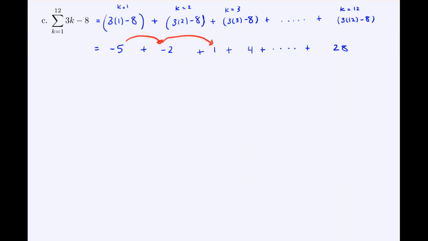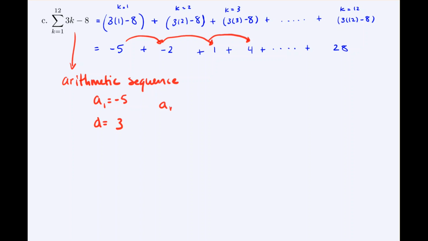I added another 3 to get to a positive 1. I added another 3 to get to 4. This is an arithmetic sequence in disguise, where our first term is negative 5, and our common difference is equal to positive 3.